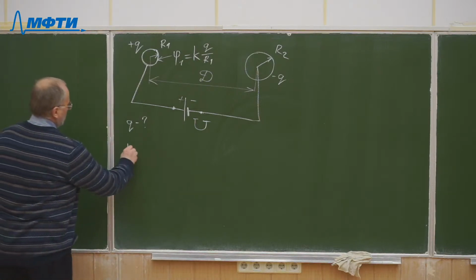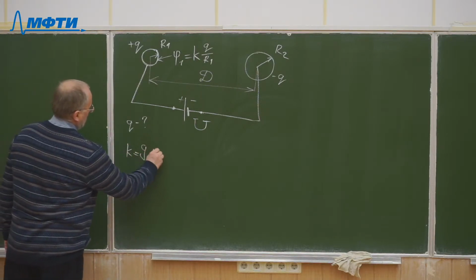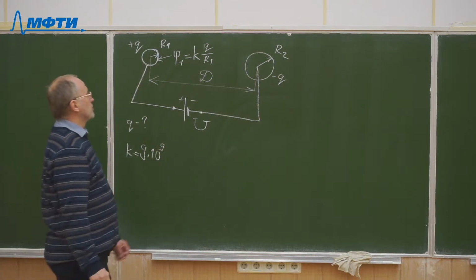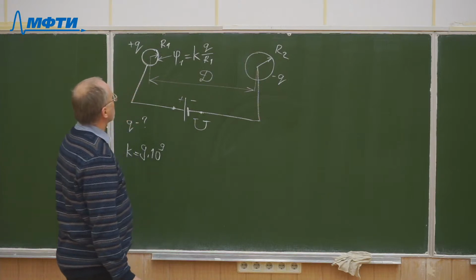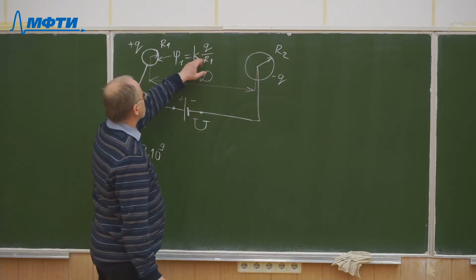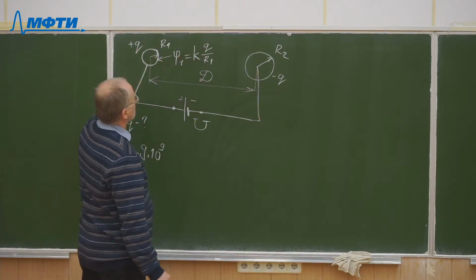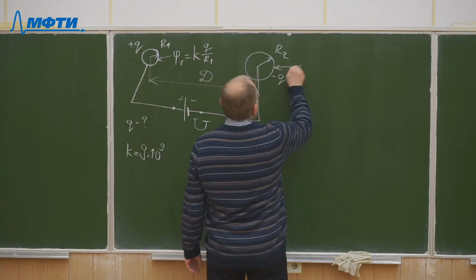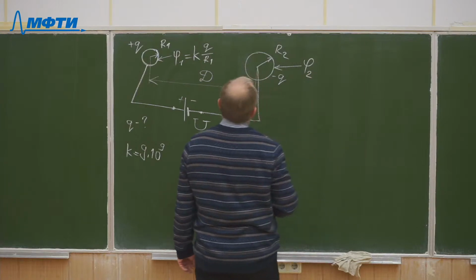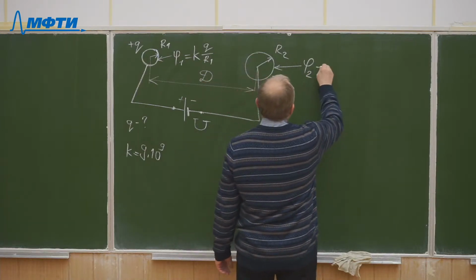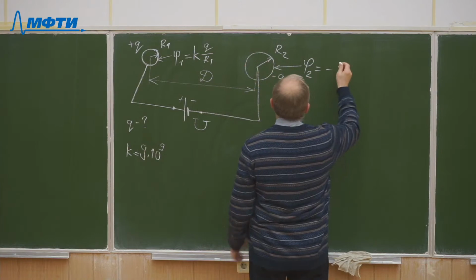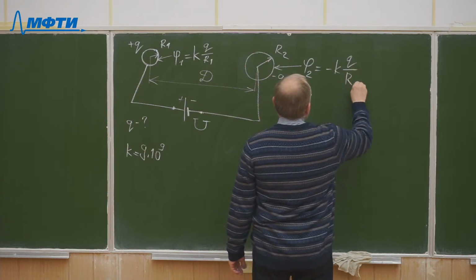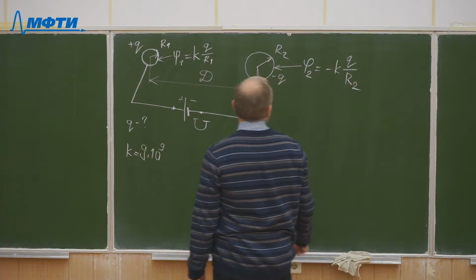You know what K is: 9 times 10 to the 9th power in the international system of units. And this potential is positive because the charge is positive here on this sphere. But the electric potential on the second sphere will be negative because the charge here is negative. And so it will be minus KQ over R2.